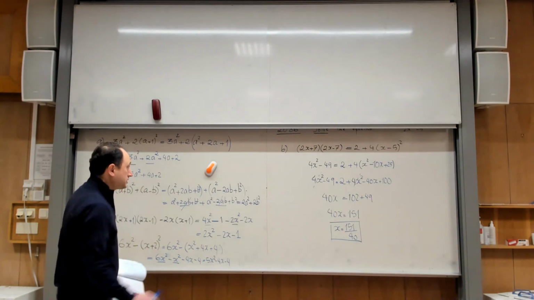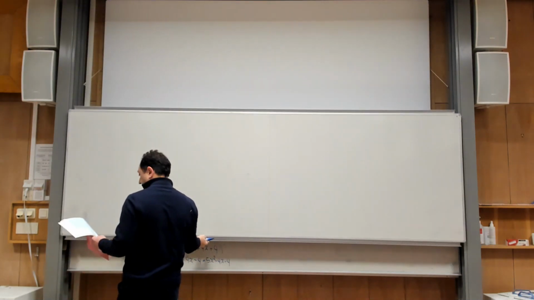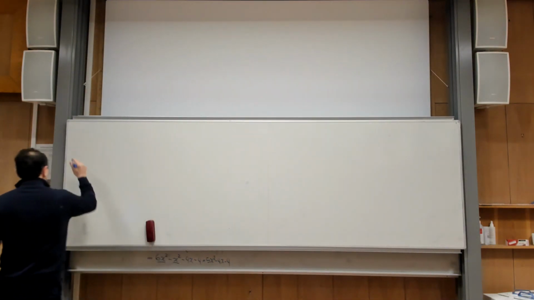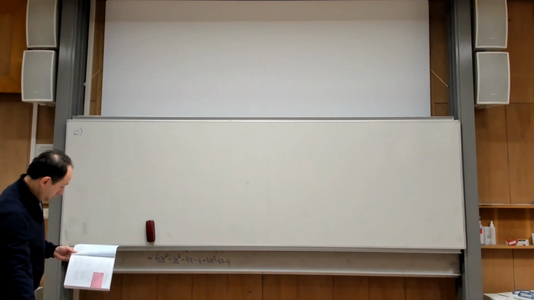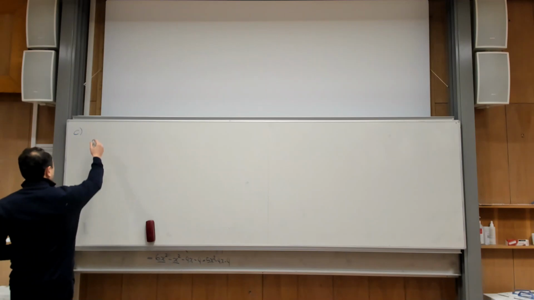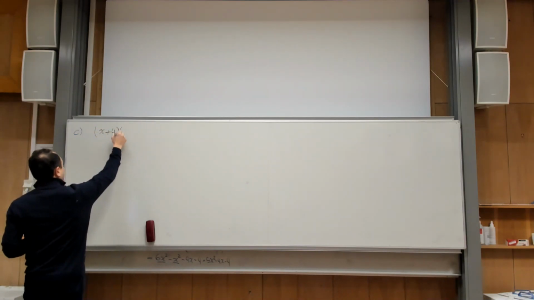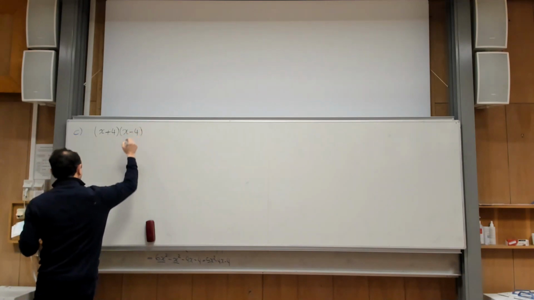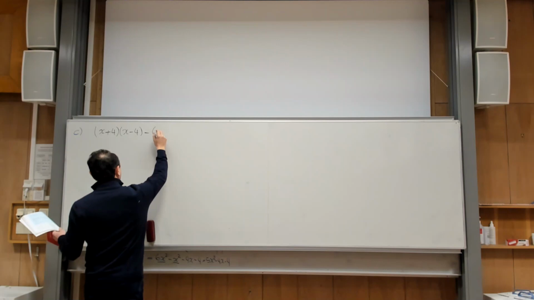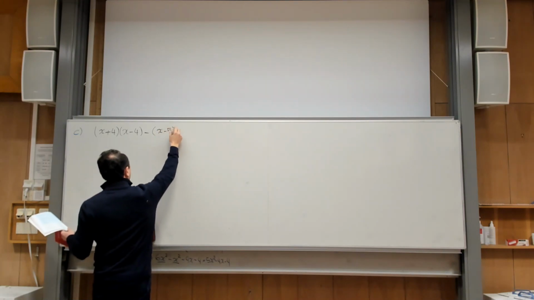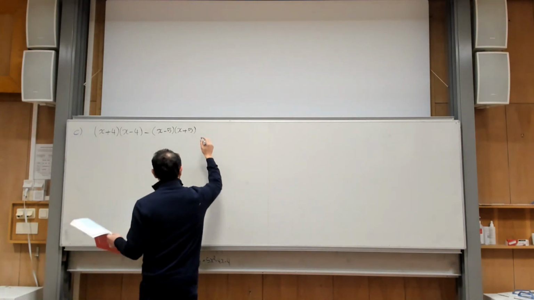Okay, so part C. Part C of the same problem is this. x plus 4 times x minus 4 minus x minus 5 times x plus 5 is equal to 30x.